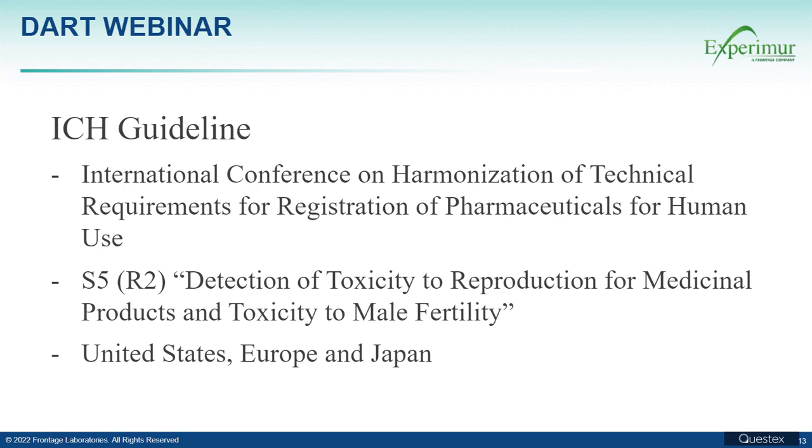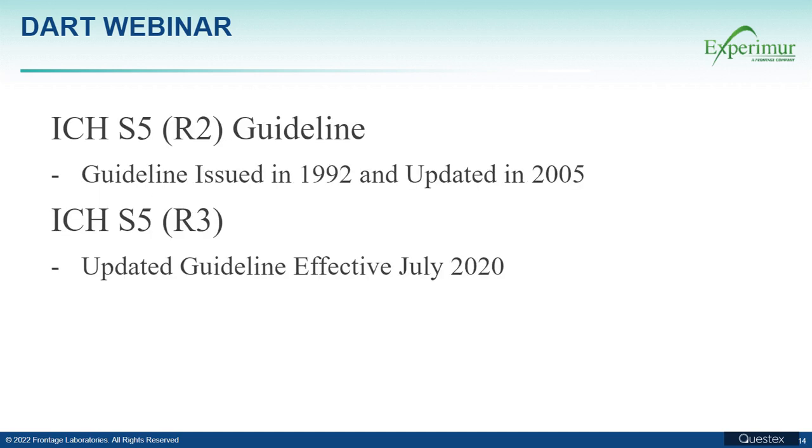It's the International Conference on Harmonization of Technical Requirements for Registration of Pharmaceuticals for Human Use. It's a long name. And there's a specific guideline called the S5R2, detection of toxicity to reproduction for medicinal products and toxicity to male fertility. This essentially is regulations relevant to the United States, Europe, and Japan.